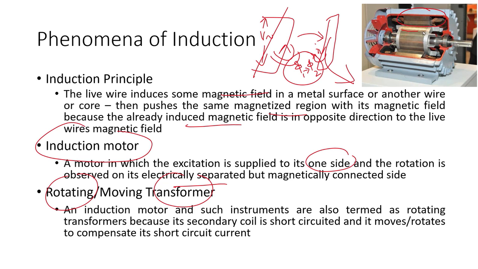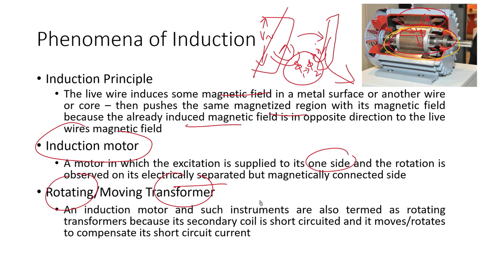Here we will have some aluminium or copper wire which will have some current due to the flux induced by external sources, and then this will try to move, because the flux of this current will interact with the flux of the applied current. So induction motors and such instruments are also termed rotating transformers because of the secondary coil. So this one is the secondary coil. Now let me color it in some other color.